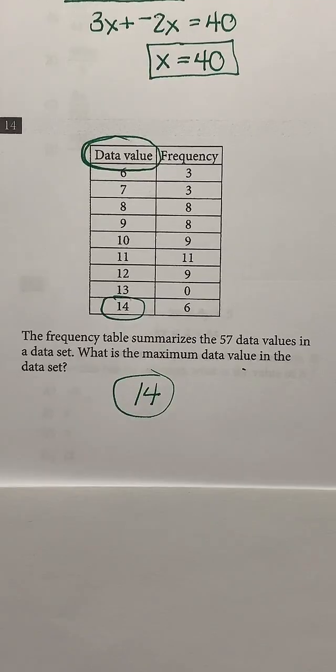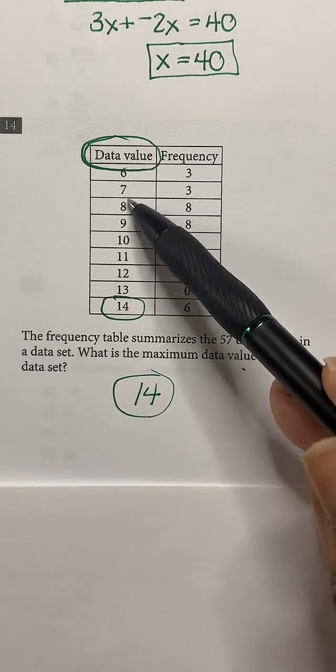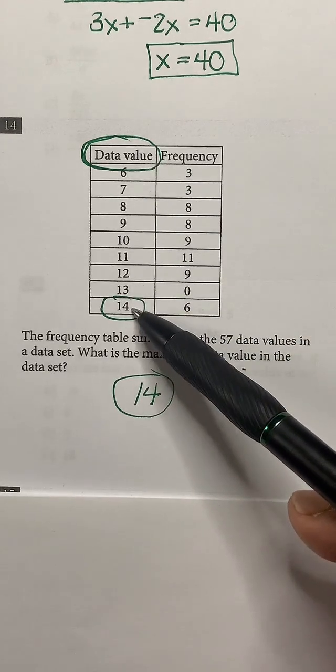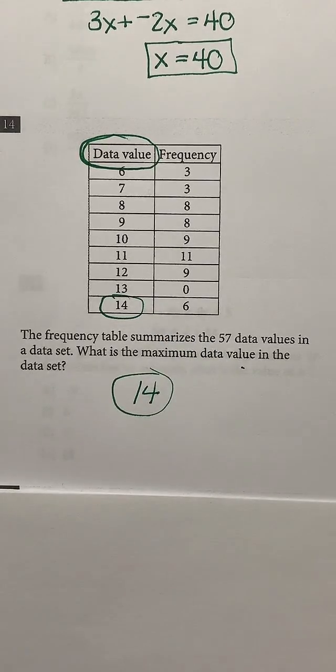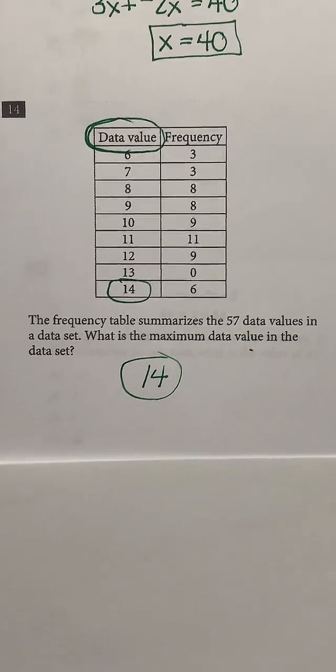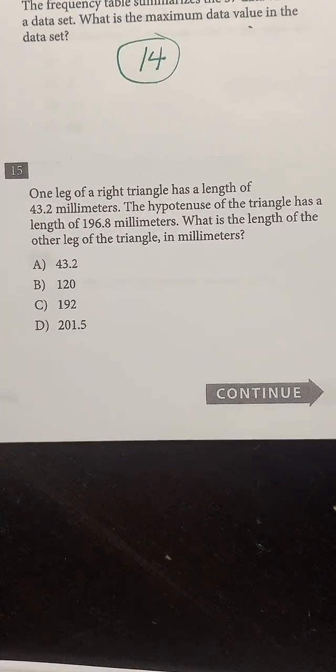Yep. So they're just talking about the data value. Okay. So is the title data value? What was the maximum data value? Maximum data value is 14. That's it. I know. See, trickery. That's okay. But this is what they do.